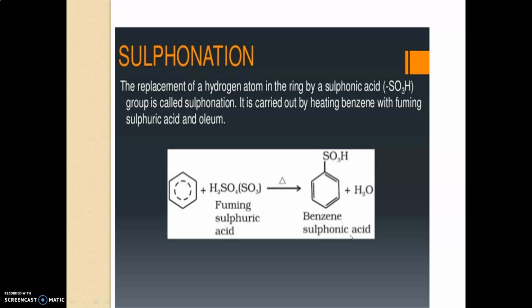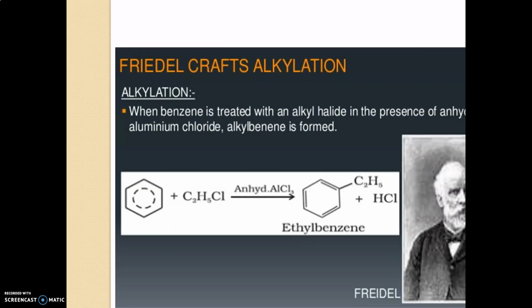We can change benzene into any group, maybe a cyano group or CN, nitro, any group can be added. Then we'll move to the very famous reaction, the Friedel-Crafts alkylation reaction, identified by two scientists, Friedel and Crafts.